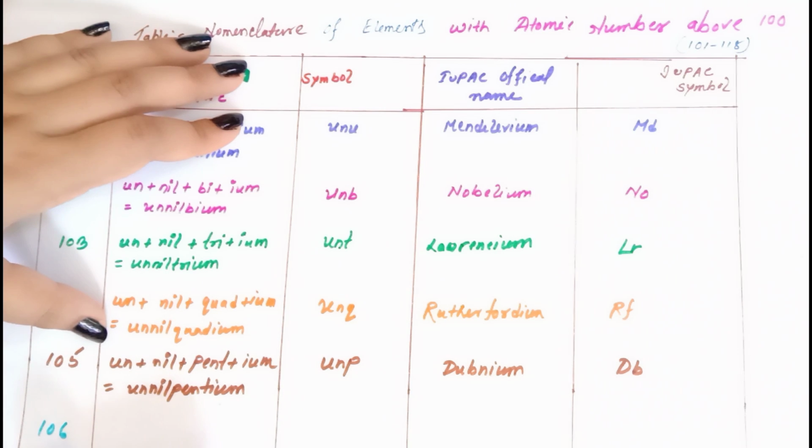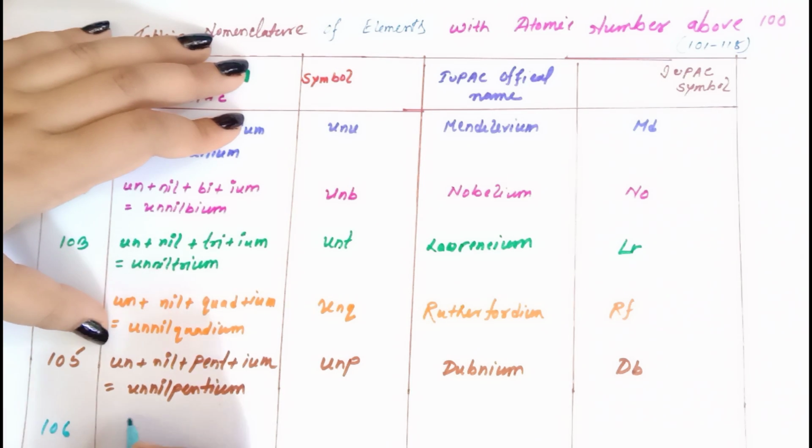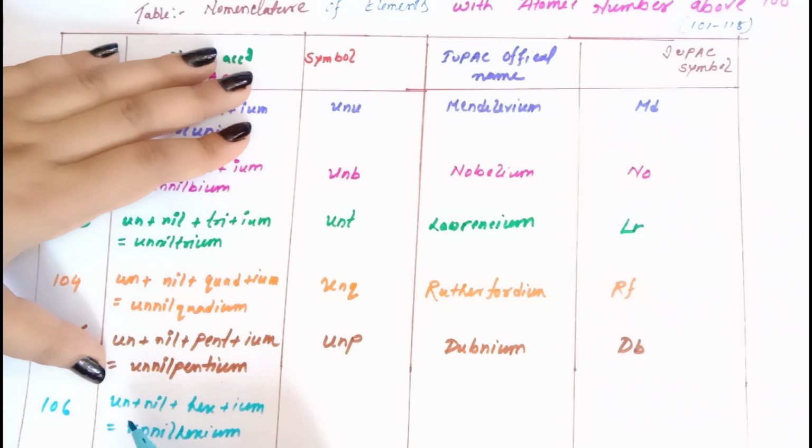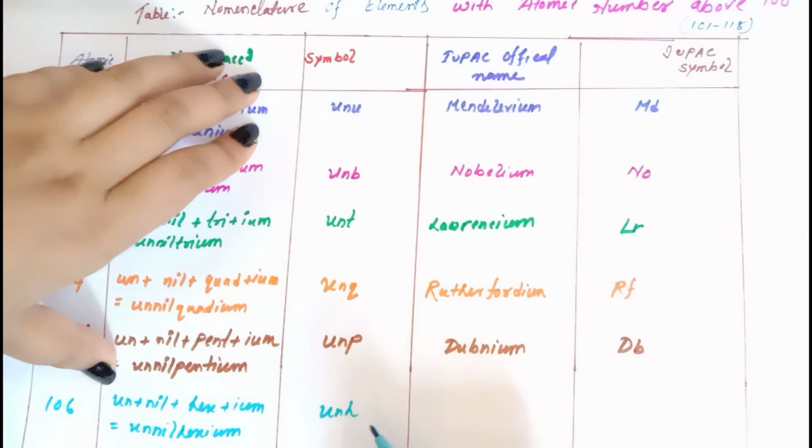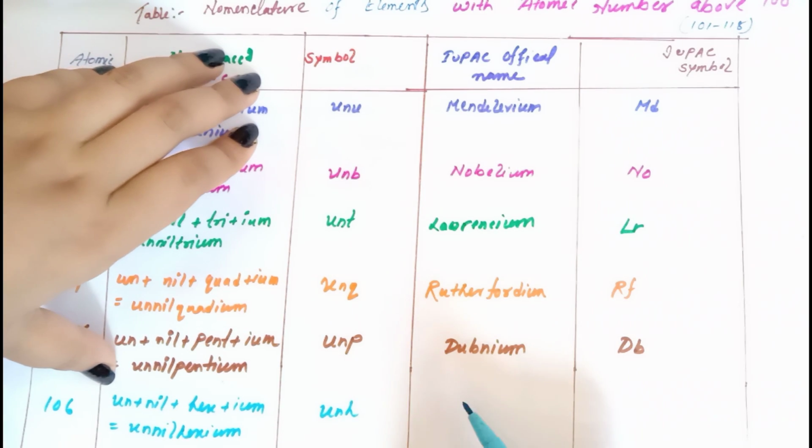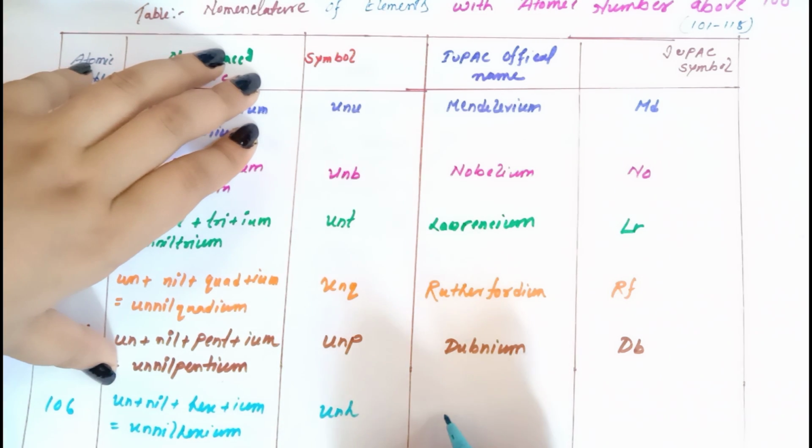Next one has atomic number 106. Its name is Unnilhexium, symbolized as Unh, and according to IUPAC the official name was Seaborgium, symbolized as Sg.